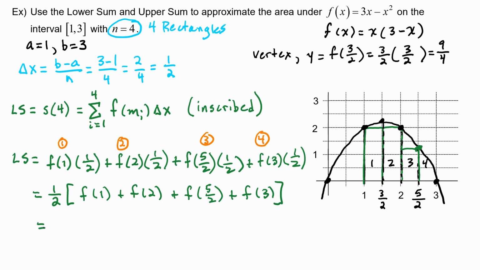We continue to bring that down, 1/2 times. Now we just have to figure out these values. f of 1, we already figured out, is equal to 2, so we can plug that one in. f of 2, we also figured out, was also 2.